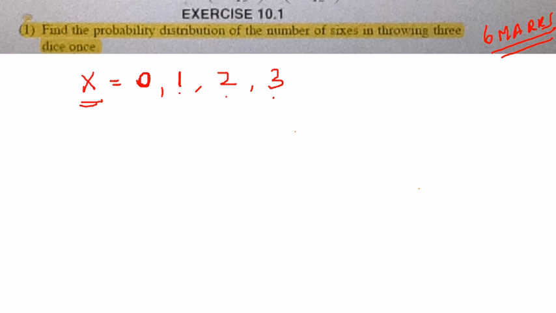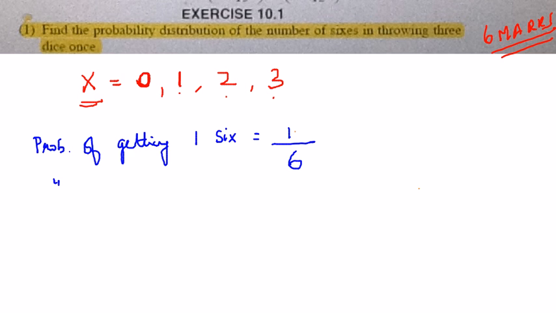Okay, now what is the probability of getting 1 six in a dice? So the probability of getting 1 six can be written as 1 by 6. In a dice you will have only 6 numbers. The probability of getting 6 out of that is 1 by 6.